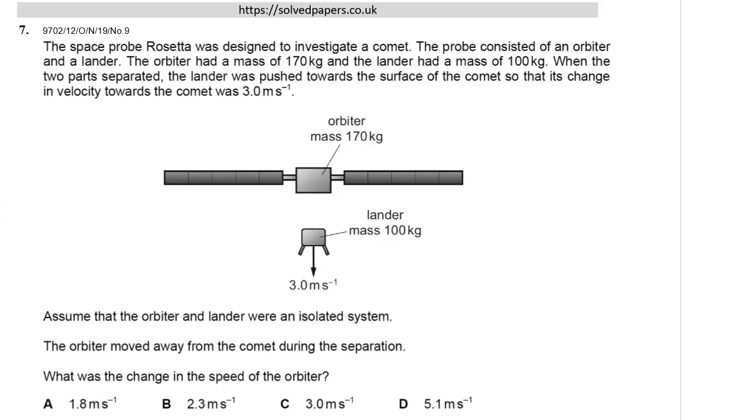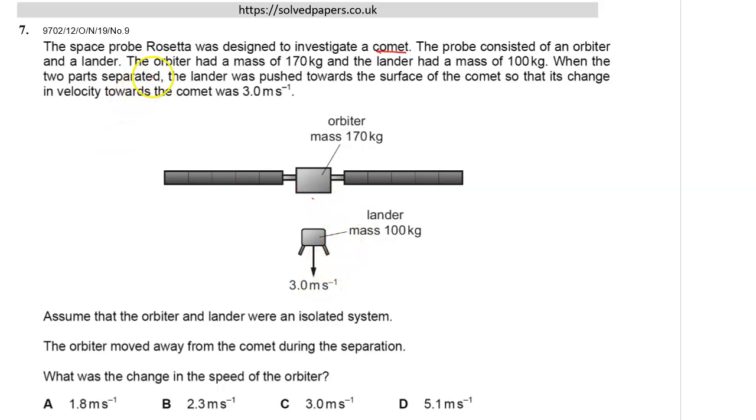Number 7 was from paper 1-2. Paper 1-2, question number 9. Remember, this is dynamics. The space probe Rosetta was designed to investigate a comet. The probe consisted of an orbiter and a lander. Okay, this is an orbiter, and the lander is this one.